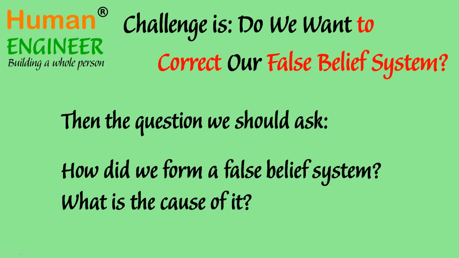So, if we can admit that so many things that I believe and you believe are false and have a problem, then the challenge is, do we really want to correct our false belief system? The following question should be, how did I form the false belief system? What is the cause of it?